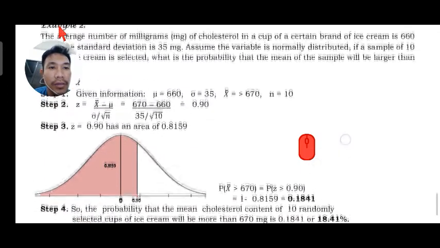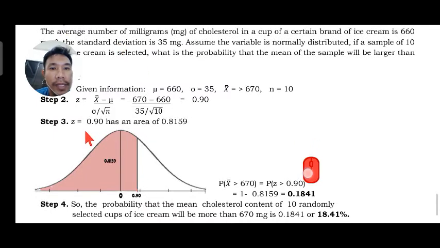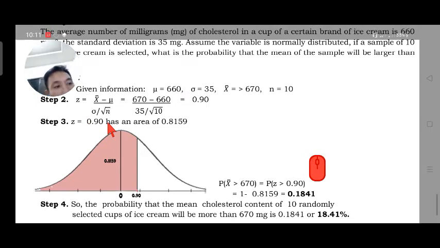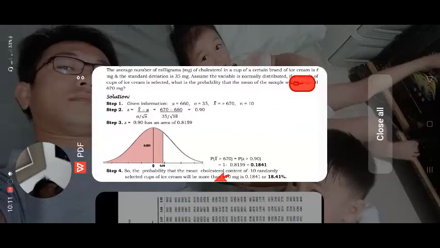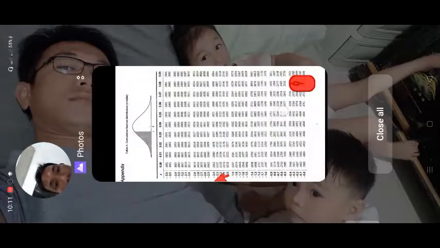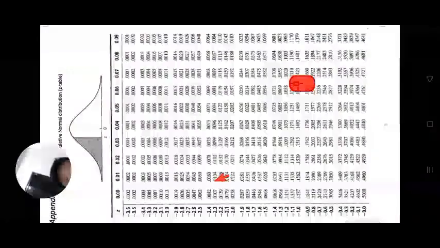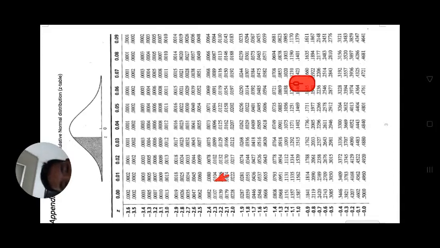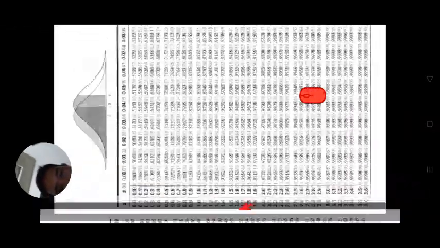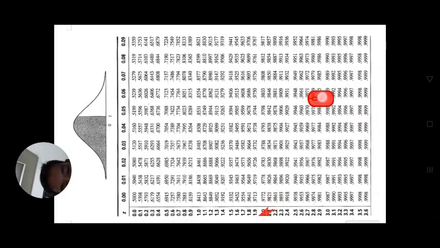Okay, so let us consult again our Z table. What is the area under the z-score of 0.90? We have here positive 0.90.